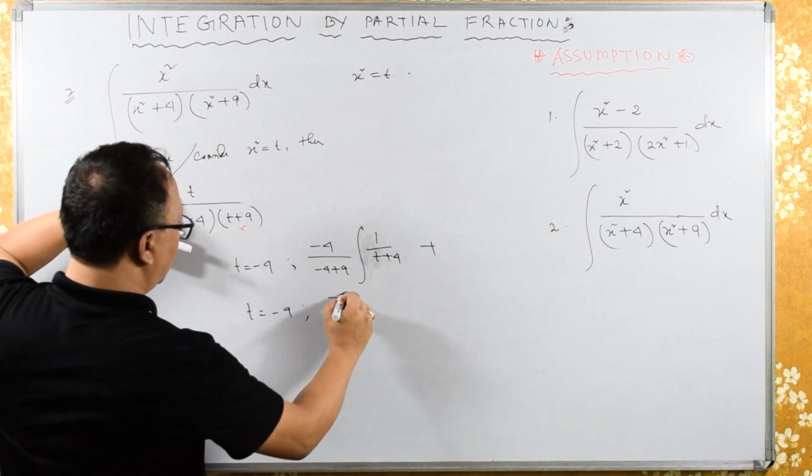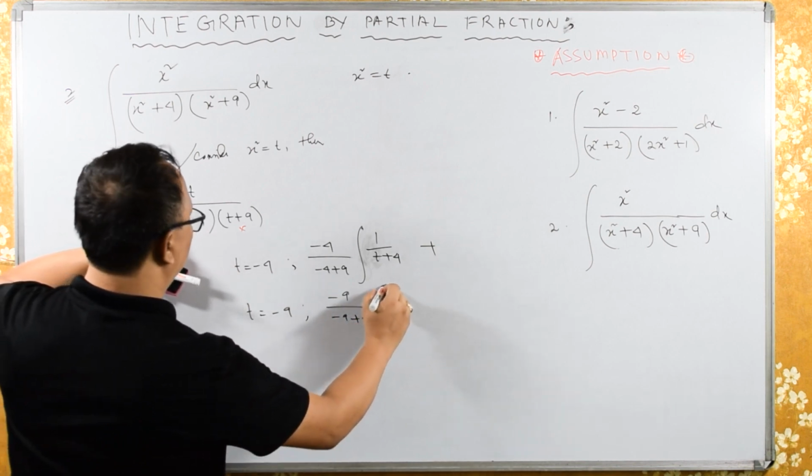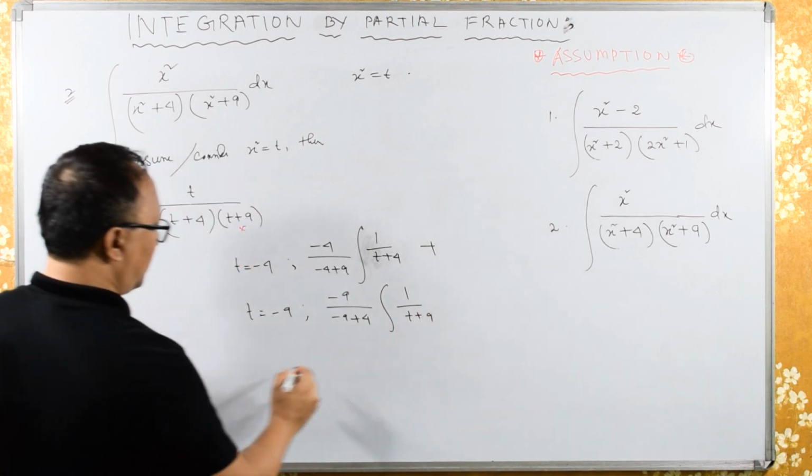Therefore minus 9 upon minus 9 plus 4, integral 1 upon t plus 9.